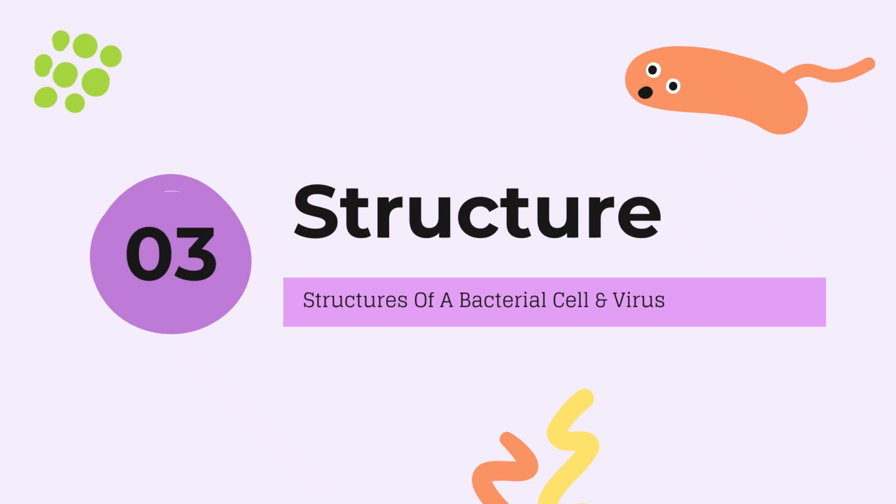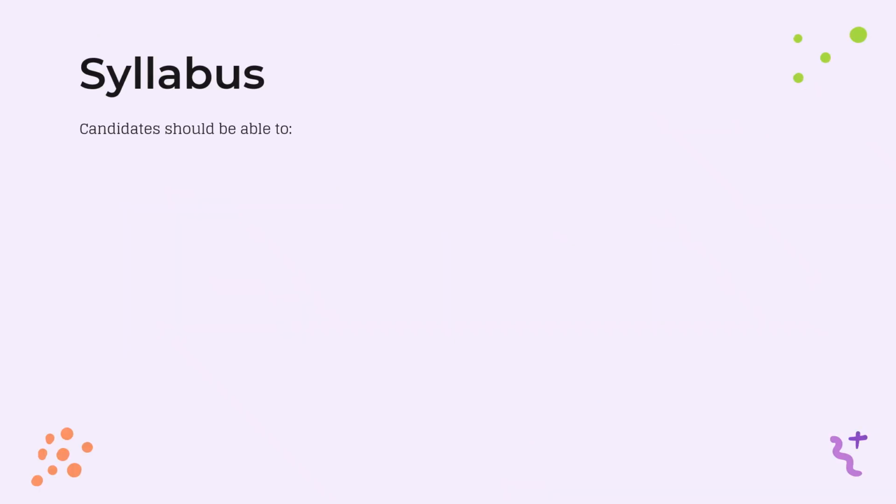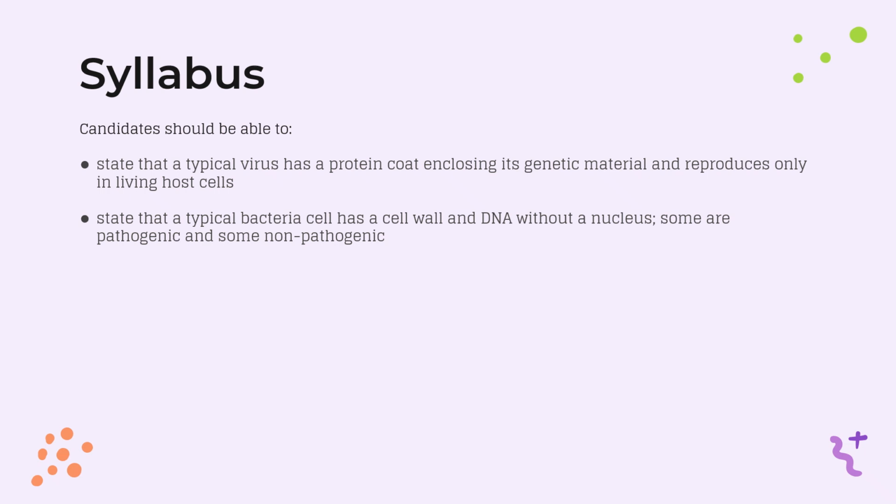Okay, so let's begin. For the objectives of the syllabus, you have to learn how to state that a typical virus has a protein coat. This is quite important, okay? And this protein coat will enclose the genetic material, and the virus can reproduce only in living host cells. Number two, for a bacteria, you have to state that a bacterial cell has a cell wall.